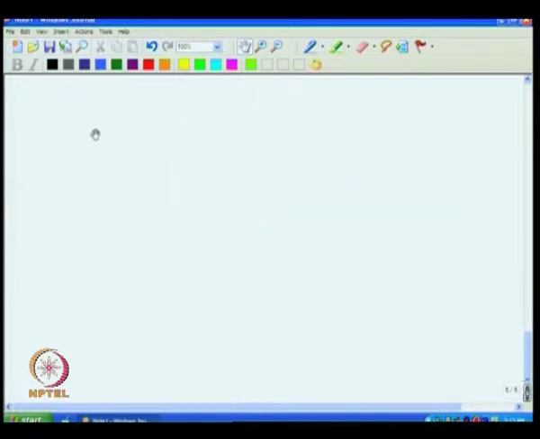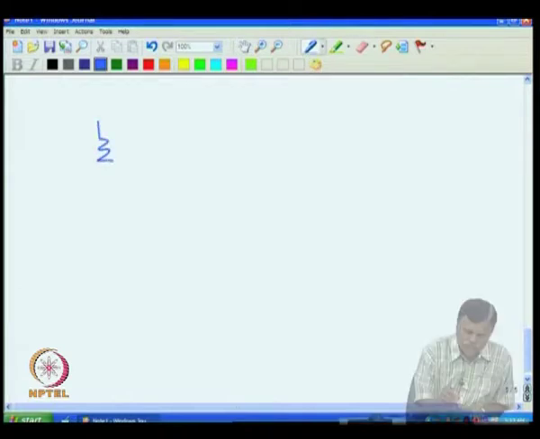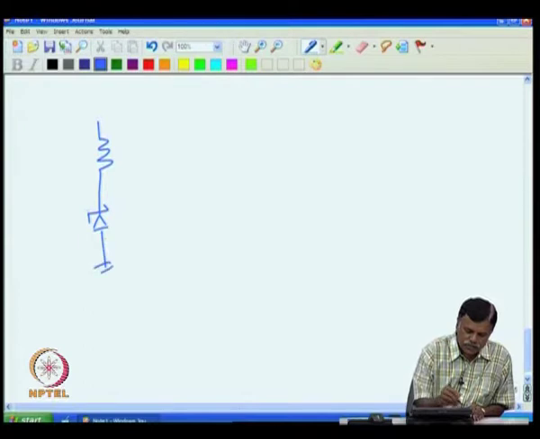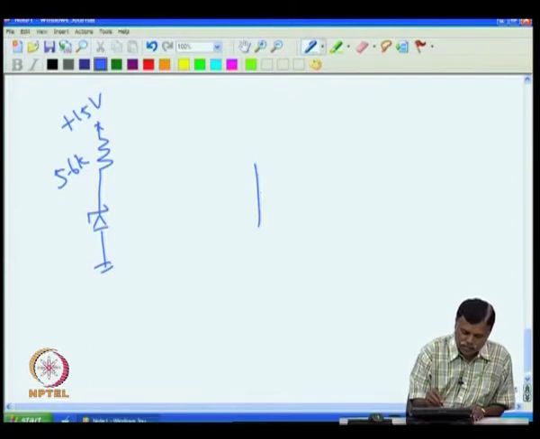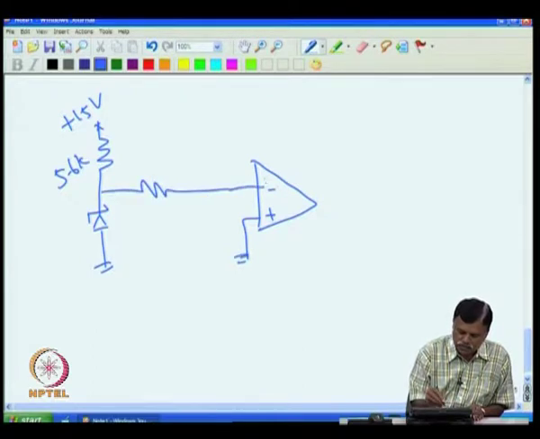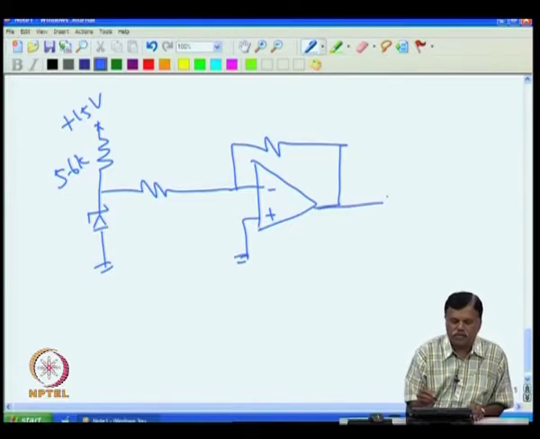What I can do is, I will put the sensor, connect this, then I put this 5.6 K, connect this to plus 15 volt, then I take the operational amplifier, this plus grounded, this minus. This is a simple inverting amplifier.